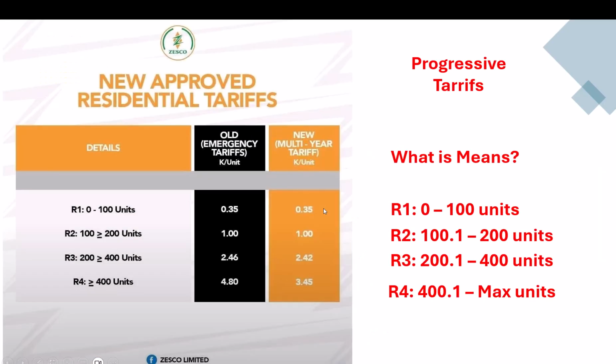In the first part, we looked at the new approved residential tariffs that apply to residential customers within Zambia with the 4 bands: band 1, 0 to 100 units; band 2, above 100 units but less than or equal to 200 units; band 3, more than 200 units but less than or equal to 400 units; and band 4, more than 400 units, which cost in progressions of 0.35 Zambian kwacha per unit in band 1, 1 Zambian kwacha per unit in band 2, 2.42 Zambian kwacha in band 3, and 3.45 Zambian kwacha in band 4.